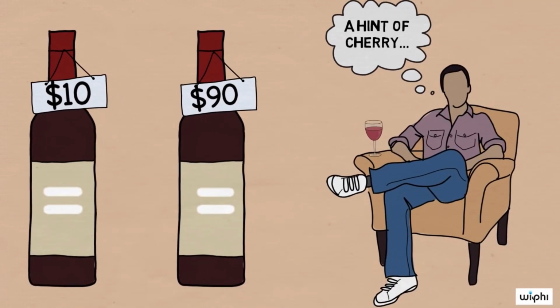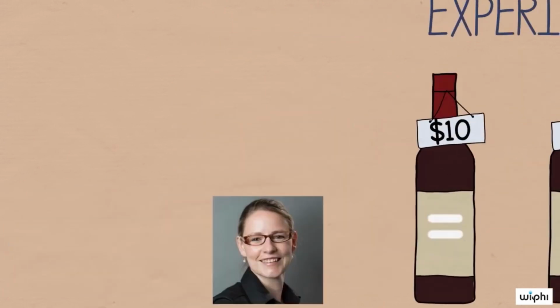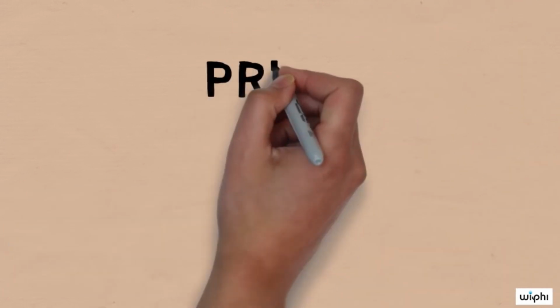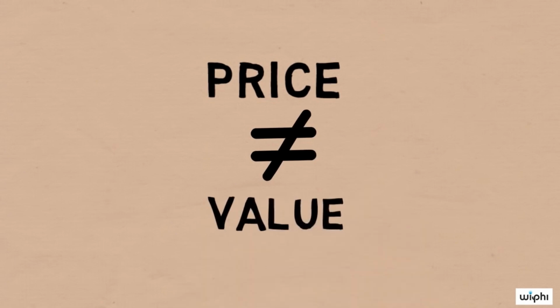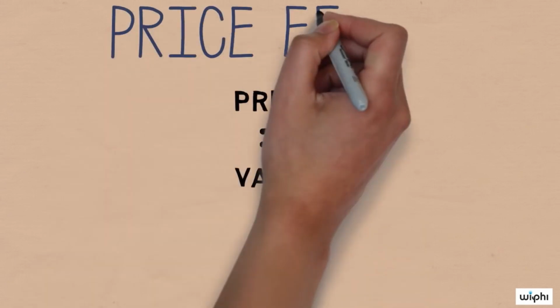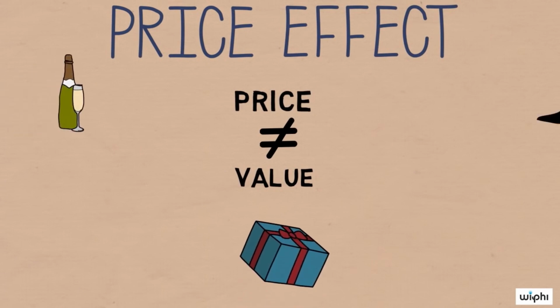Even though the wines should have tasted identically, people reported liking the wine with the more expensive price tag even better. It seems that merely labeling one thing as more expensive makes us like it more. We seem to be confusing a good's price with its value. This confusion is what's known as a price effect. Simply telling someone that something costs more makes them like it more. And the effect seems to hold for lots of different kinds of goods.